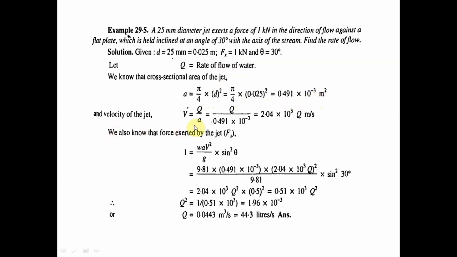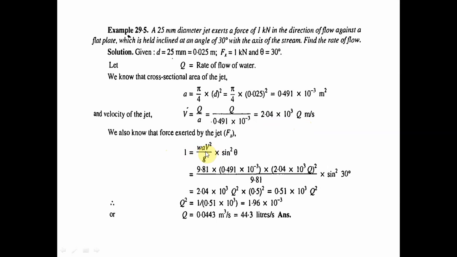And the velocity of jet is equal to V is equal to Q upon A, that is Q divided by 0.491 into 10 raised to minus 3, that is equal to 2.04 into 10 raised to minus 3 cubic meters per second.